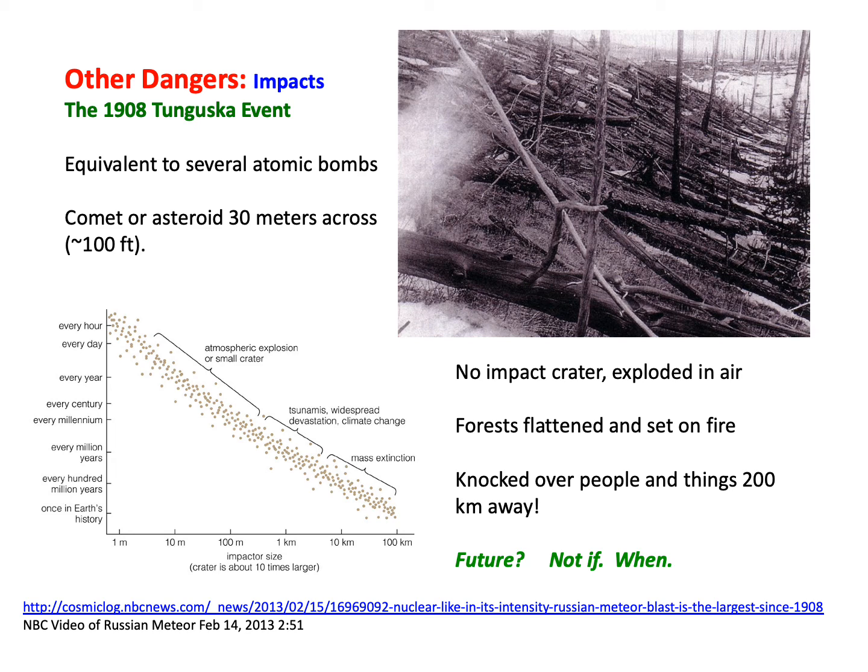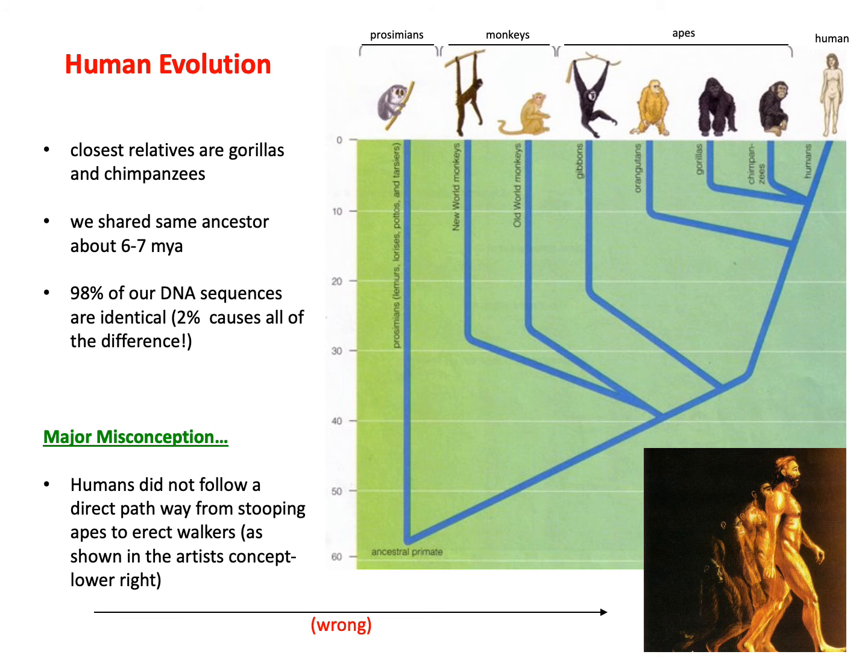Now let's wrap up this lecture with some discussion about human evolution. There's so much that has been learned in the last 20 years that I really can't do it justice.